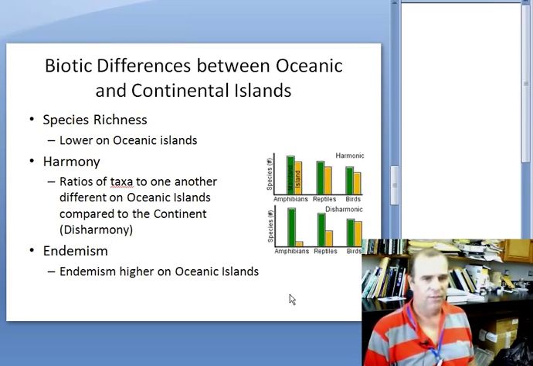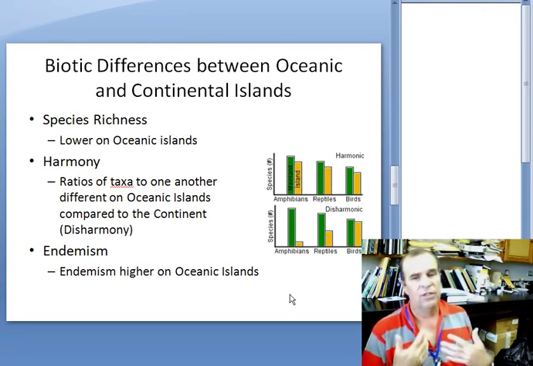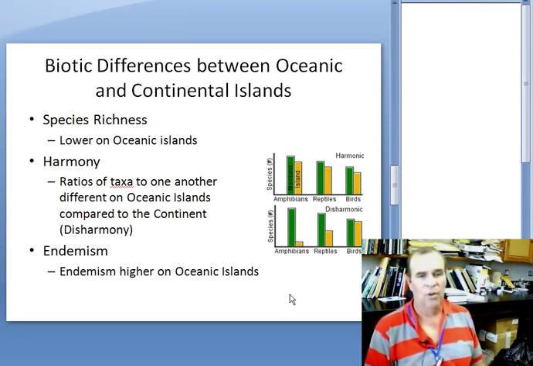And this really is a function of the fact that island species tend to be isolated from continental populations. Because of that isolation, they tend to turn into species which are unique and different.